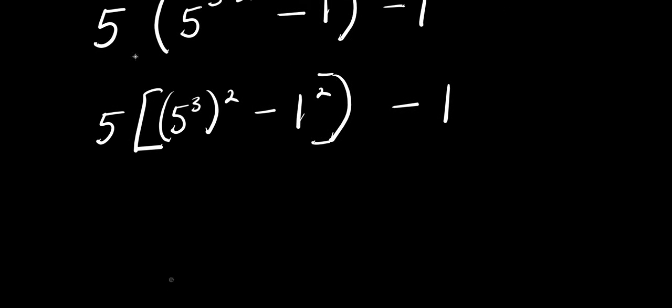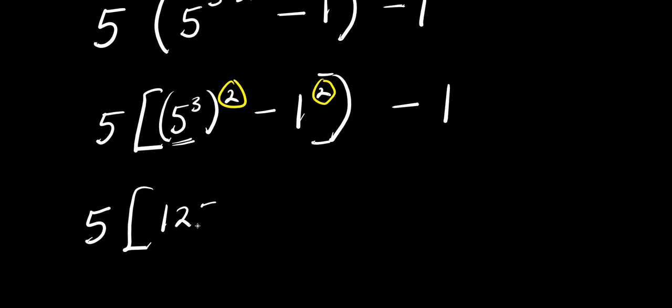So right now, there is power 2 here, there is power 2 here. So what we are going to do would be to express 5 power 3 as 5 times 5 times 5. That's 125, so this is 5 times 125 power 2 minus 1 power 2 minus 1.